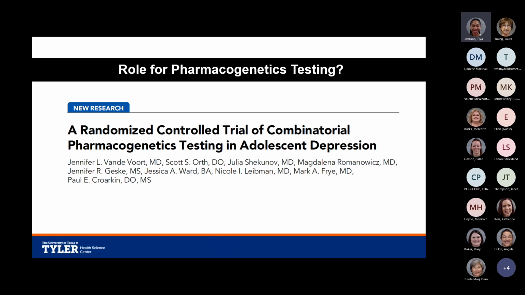So the pharmacogenetic guided treatment did not show improved outcomes compared to treatment as usual in children and adolescents with depression. The clinical pearl here is that at this time, there is no clear role for pharmacogenetic testing in medication selection. Thus, there is no need to get these results to help guide which medications to try in a patient. Just follow the process described in this talk, which includes starting with an SSRI antidepressant and going from there, instead of utilizing pharmacogenetic testing.